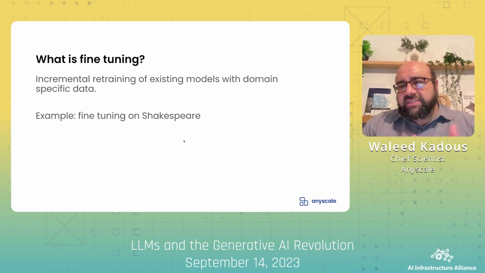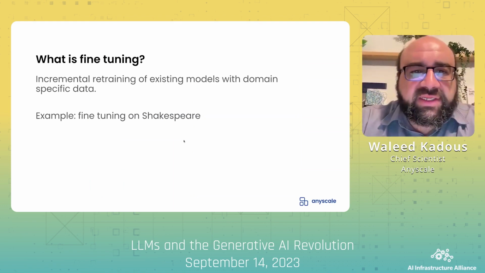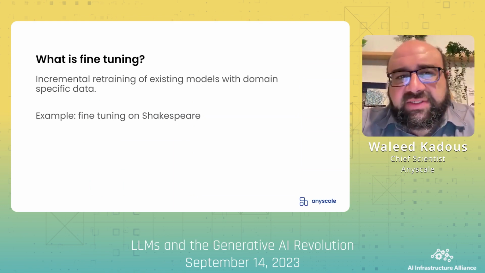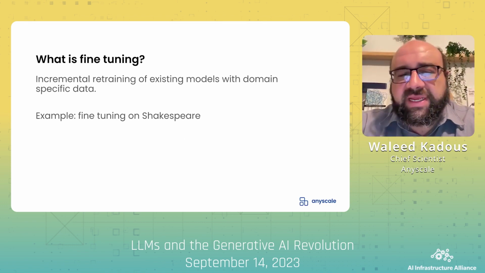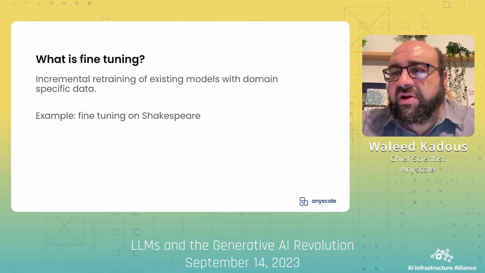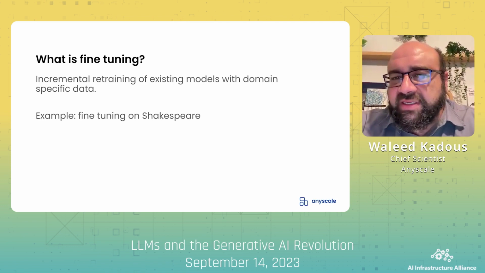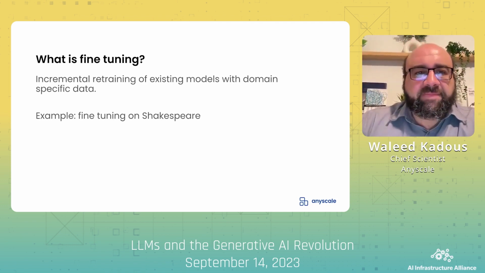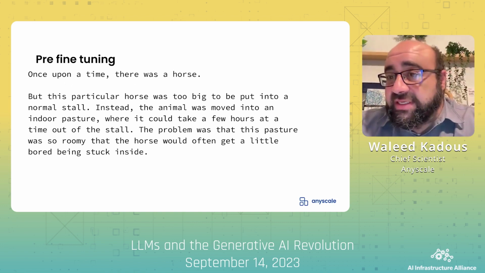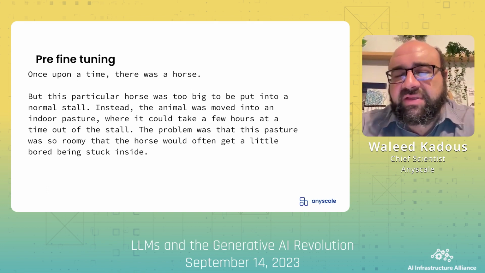Firstly, let's just explain quickly what fine-tuning is. Fine-tuning is taking some new data that's specific to your domain and continuing on the training process that made the LLM in the first place, to incorporate more knowledge. So let me give you an example. We looked at the example in our organization of fine-tuning to give it a more Shakespearean flavor.